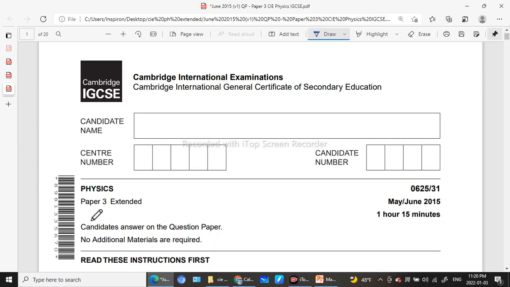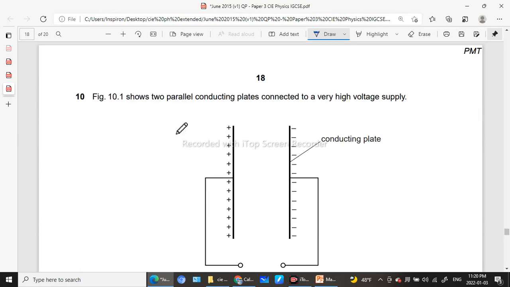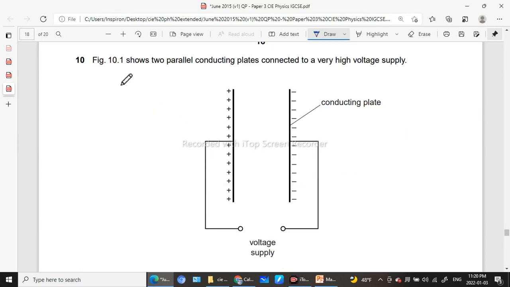In this paper, Physics Paper 3 Extended, May-June 2015, Question 10.